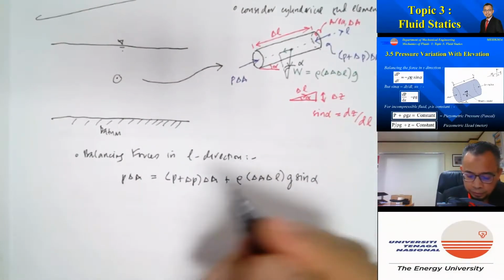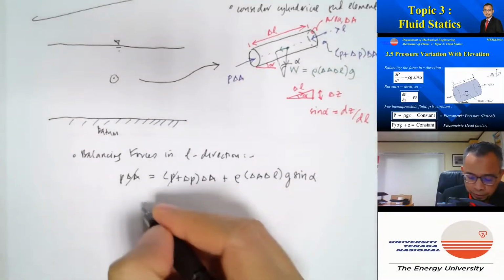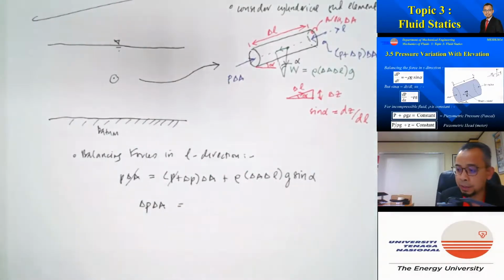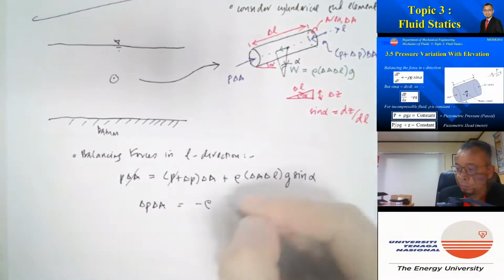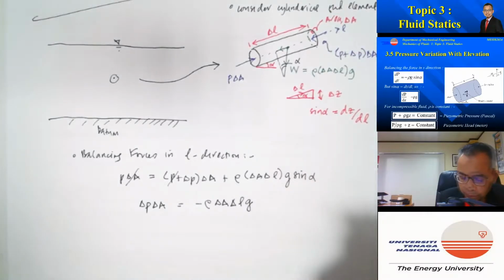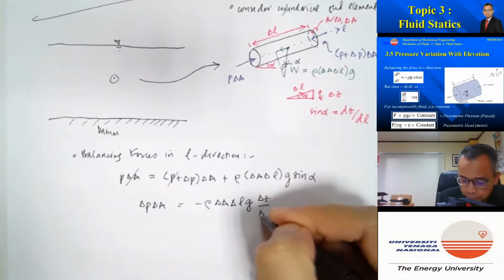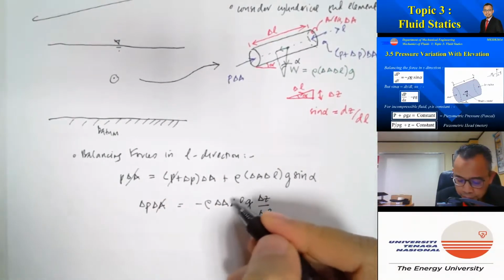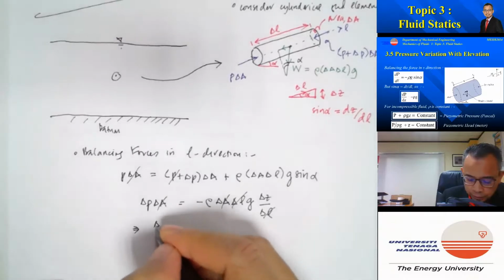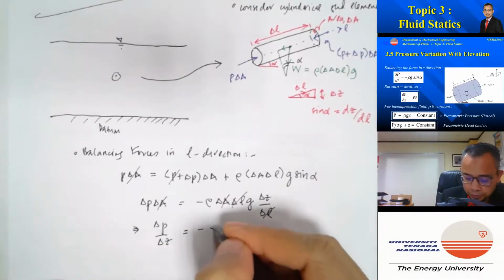Since this will cancel with this, we can write delta P delta A is equal to, bringing this to this side, minus rho delta A delta L g, and sine alpha is delta Z over delta L. Delta A will cancel, delta L will also cancel, so we can write delta P over delta Z is equal to minus rho g.